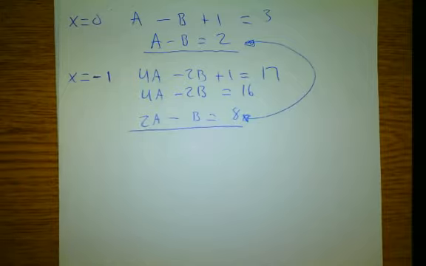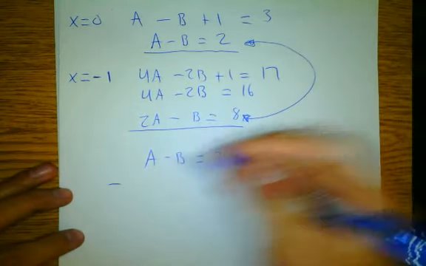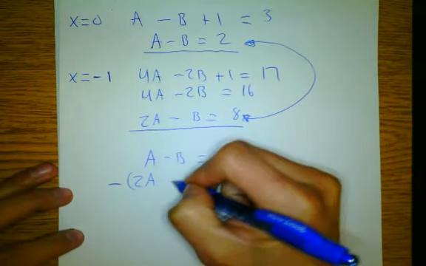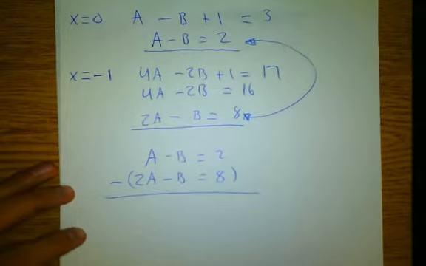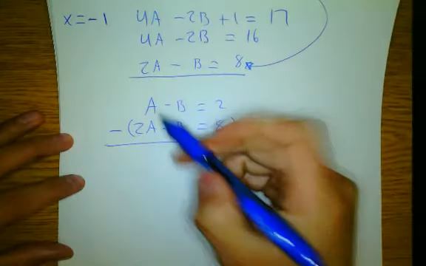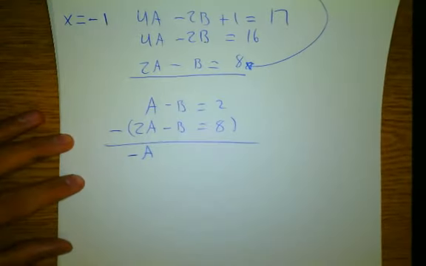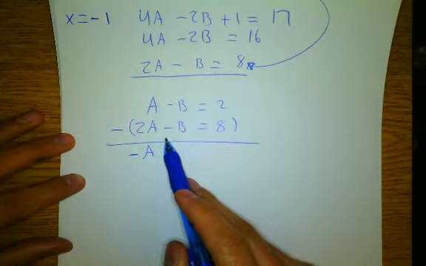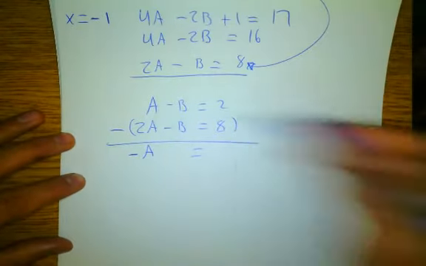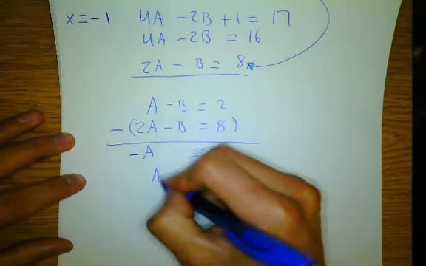A minus 2A would be negative A. Negative B minus negative B cancels away. And 2 minus 8 is negative 6. Therefore, A is equal to 6. If A is 6, and you know that A minus B equals 2, that means that 6 minus B equals 2, which means that B is equal to 4.